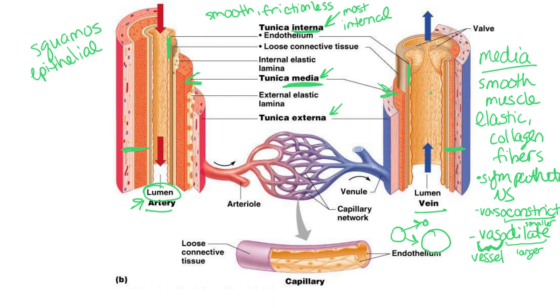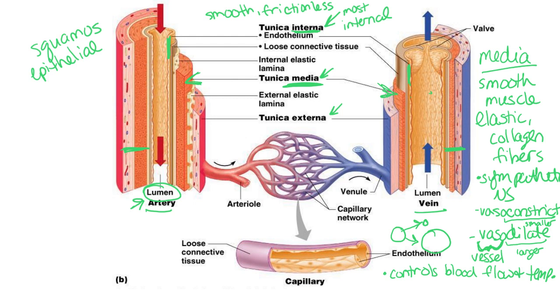In addition to controlling and regulating blood flow, it will also have an impact on body temperature. If we think about the vessels in our skin in particular, this happens to everybody, but you can see it in people with fair skin, like myself.